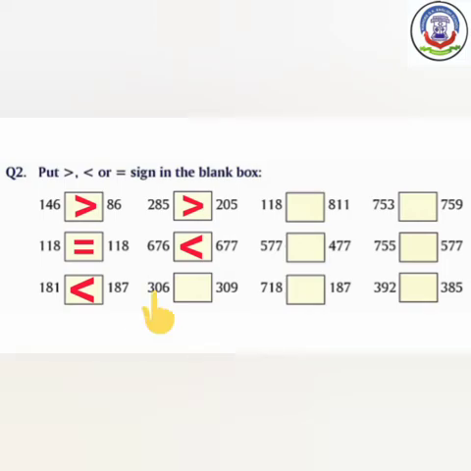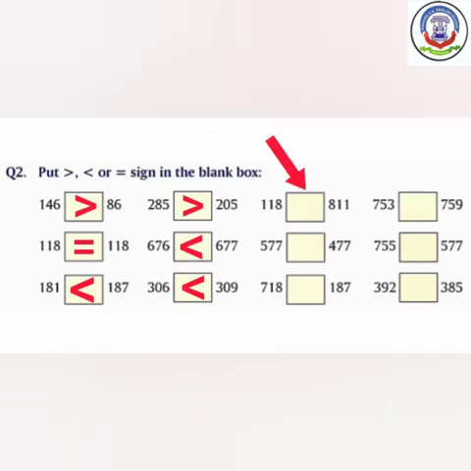Next 306 and 309. Here at the hundreds and tens place numbers are same. So we will see that ones place. On left hand side there is 6 and on right hand side there is 9. So 9 is greater than 6. Here we will put less than sign because 306 is less than 309.